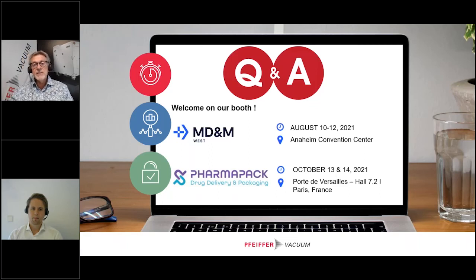So indeed, this is a limitation factor of all this vacuum technology. If the defect is clogged, for whatever reason, we will not measure anything. This is true also for vacuum decay, and this is true for blue dye as well.